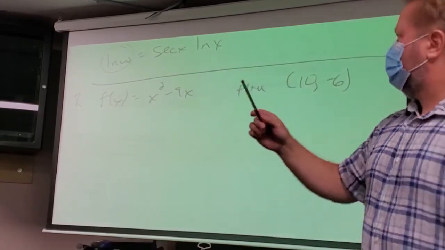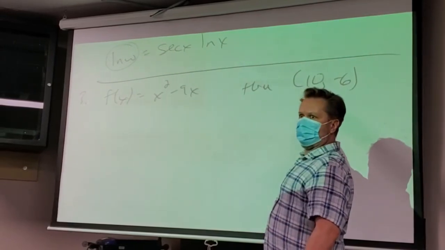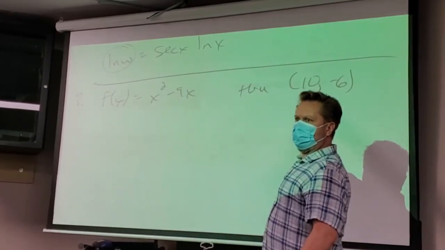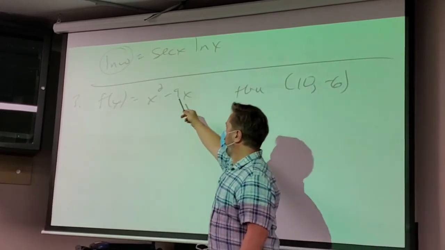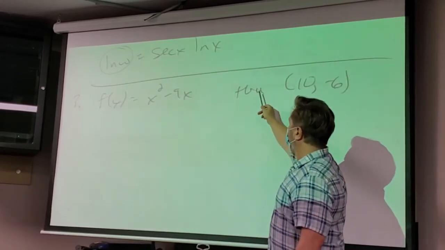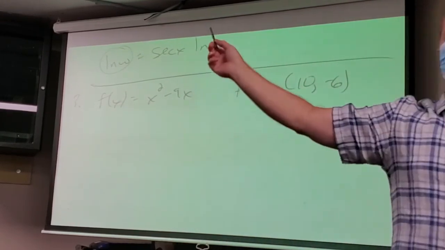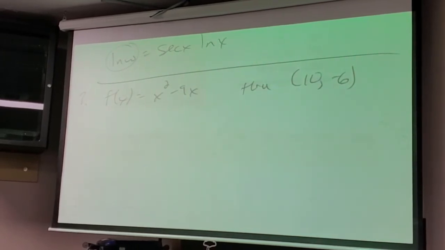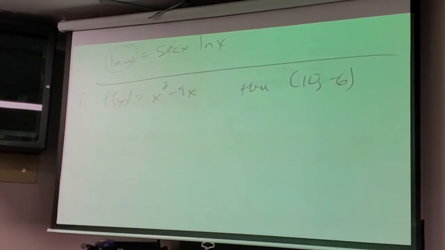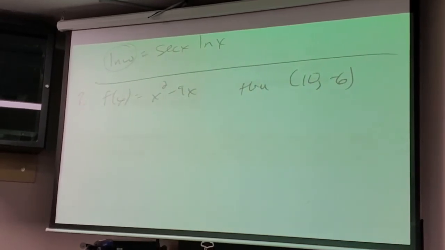Here, does that function go through this point? That's not what it's saying, right? So find the equation of the tangent line to this curve that goes through this point. So the tangent line goes through that point. Does everybody understand why this is a little more evil of a problem? That (10, -6) doesn't have anything to do with x squared minus 9x, right?